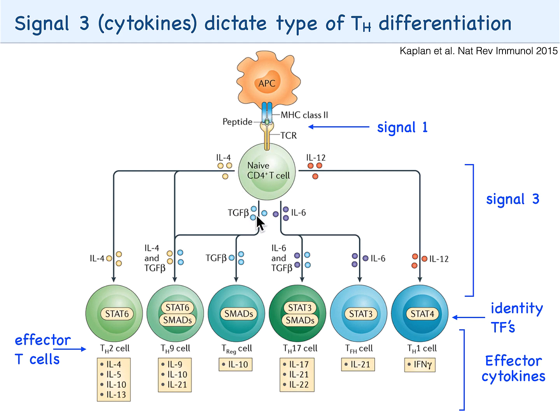The cytokines that this cell produces and the cytokines that the APC and the surrounding cells produce will dictate whether this naive cell during the clonal expansion will end up being a Th2, a Th9, a regulatory, a Th17, a follicular helper cell, or a Th1. And the cytokines that are produced will depend very much on the type of pathogen.